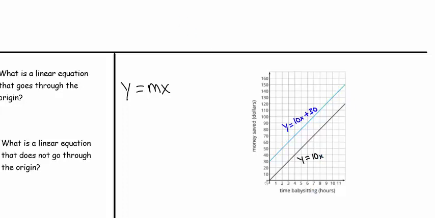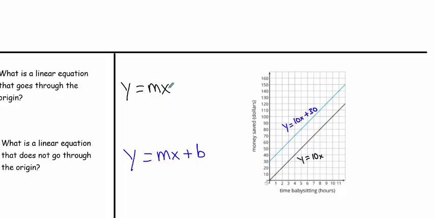And we also have an equation where it does not start at the origin, where we're adding something. A linear equation that does not go through the origin is y equals mx, the rate of change, the slope times x, but we're adding some amount. In this case, we were adding $30 to what he started with.